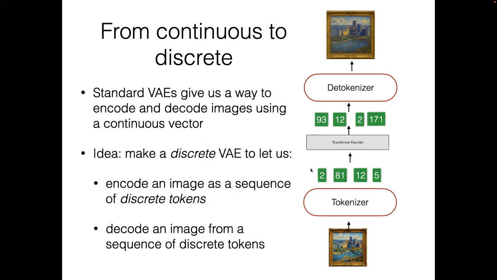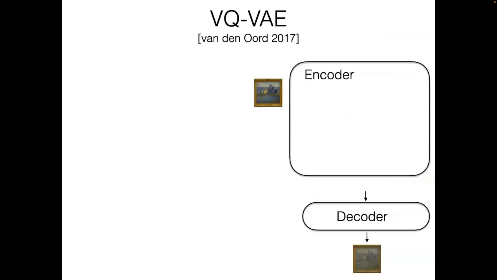If we had a discrete VAE, then maybe we have some way of encoding an image as a discrete sequence and then decoding an image given a discrete sequence. That's the connection here. It turns out we can possibly learn this discrete VAE and then use it as our image tokenizer and detokenizer. The method for this is called VQ-VAE, or vector quantized VAE. Here again, you have this encoder and decoder setup.